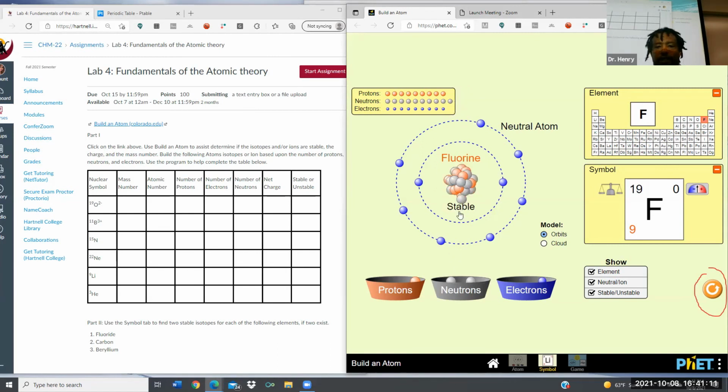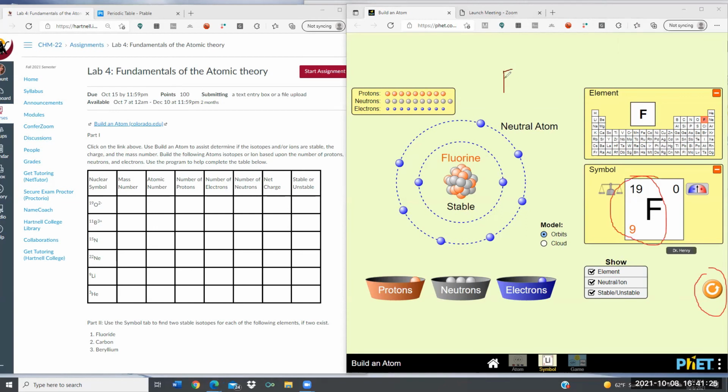For instance, she had done this one here. This is the nuclear symbol. Let me circle it. My mouse is not working. So you would write it down like this: F 19, 9. That's it.